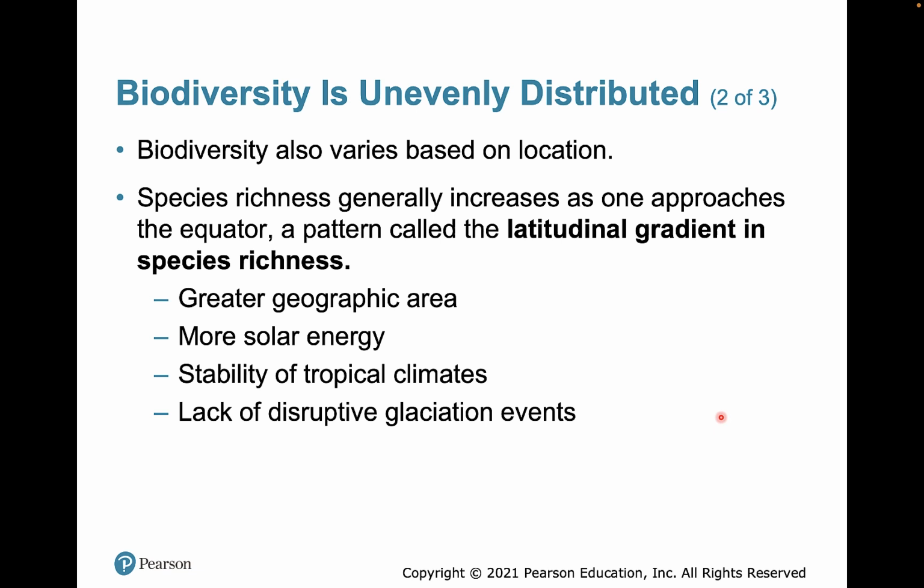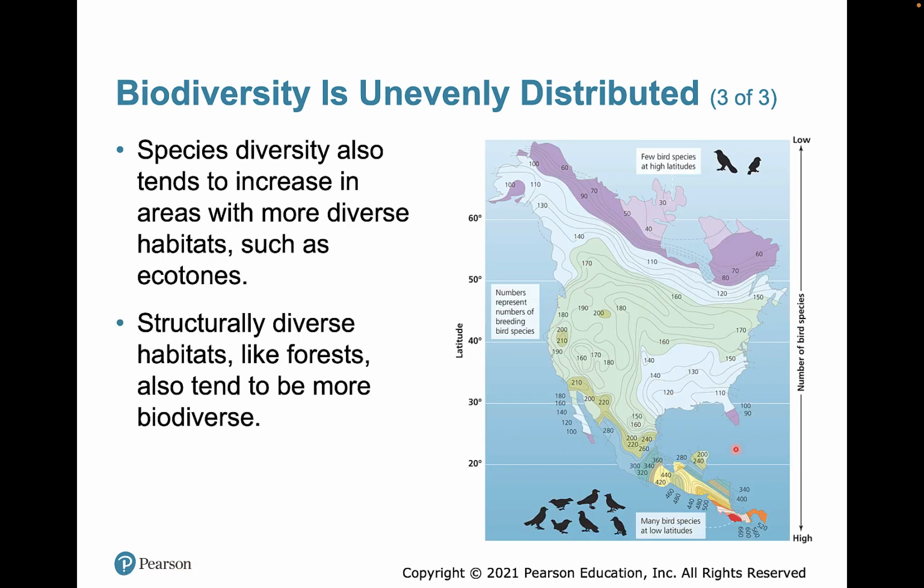The tropical climates tend to be more stable. You don't get much variation in temperature all year at the equator, and you don't get glaciation to disrupt environments. So those are the big reasons why you get greater species richness at the equator. And then the picture is going to show you that. So this is bird species, lower latitudes, closer to the equator, more birds, fewer birds at higher latitudes.